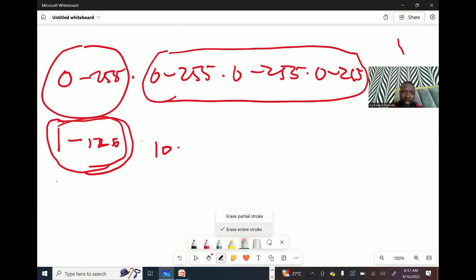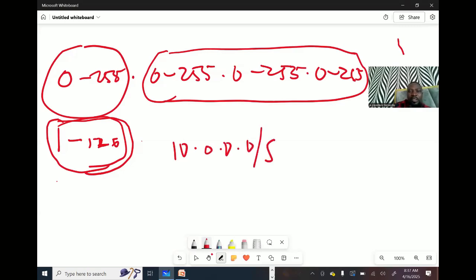Before I move to subnet mask, just know that so far the first octet of your IP address is a number within 1 to 126, and that 8 bits will be represented like this: 10.0.0.0/8.